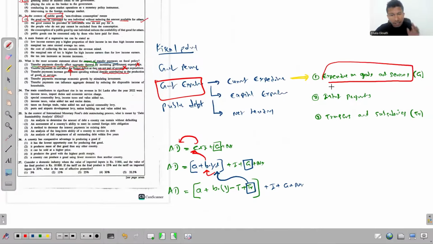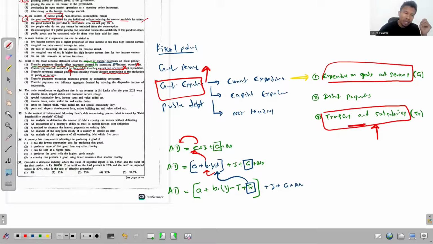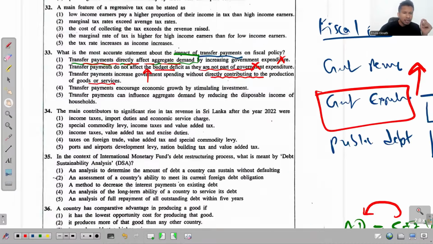Clear? So when this thing gets increased, the government expenditure gets increased. That's true, but it won't create any direct impact on the production of goods and services because this expense is not related to the production of goods and services. That's why we can understand this has to be the correct answer.